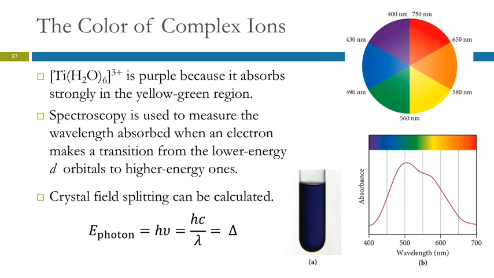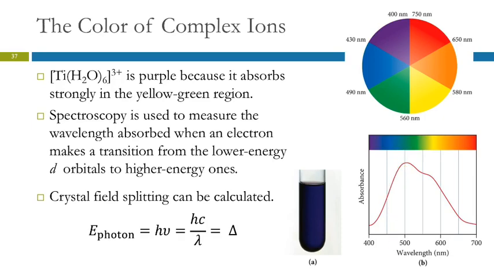So spectroscopy, and this is what we're going to be doing in lab today, we can measure the wavelength absorbed when an electron makes a transition from lower energy d orbitals to higher energy d orbitals. Here we can see that this absorbs pretty strongly just above 500 nanometers.